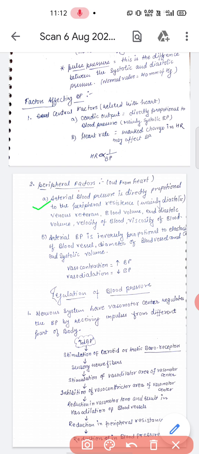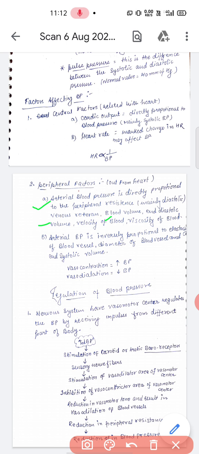Your BP is directly proportional to venous return, blood volume, diastolic volume, and viscosity of blood. If these things are greater, then your BP will be higher.